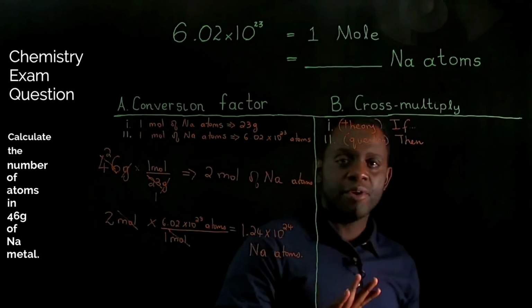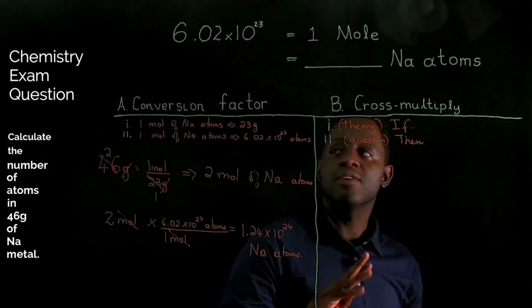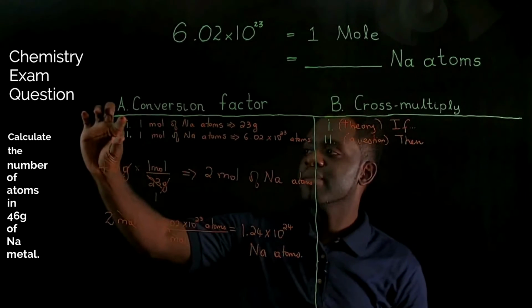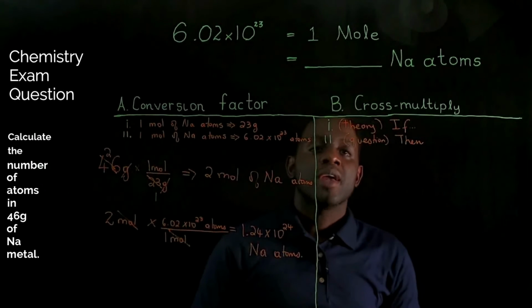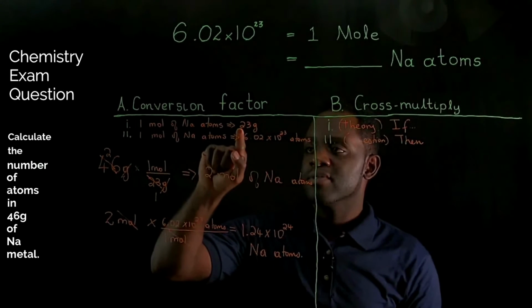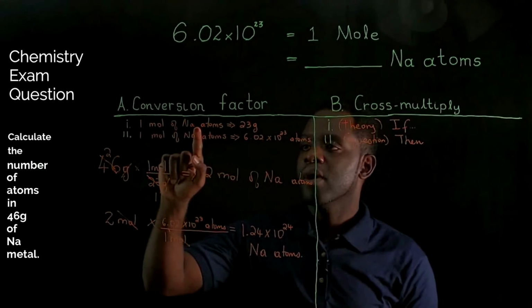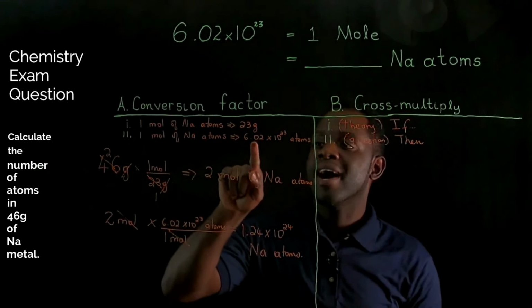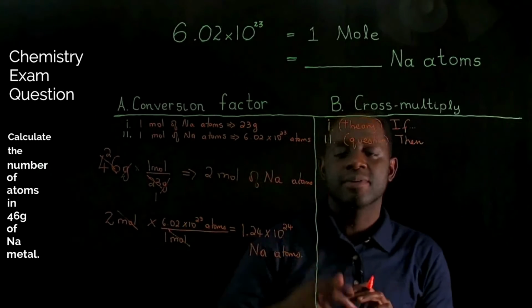Okay, the if theory comes in from these 2 statements here, and that is 23 grams of sodium will contain Avogadro's number amount of atoms.